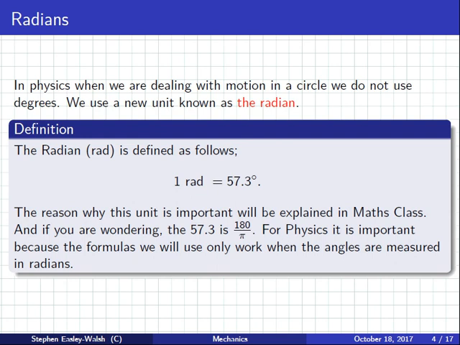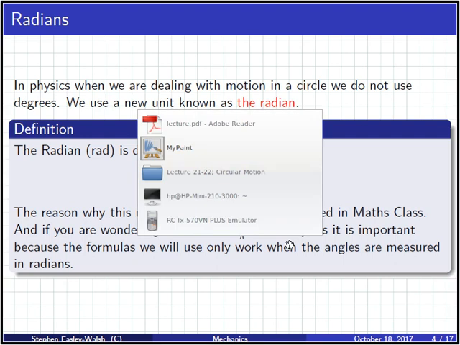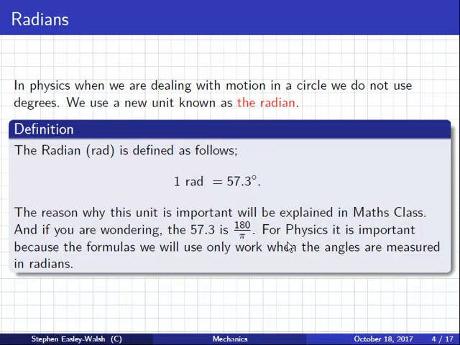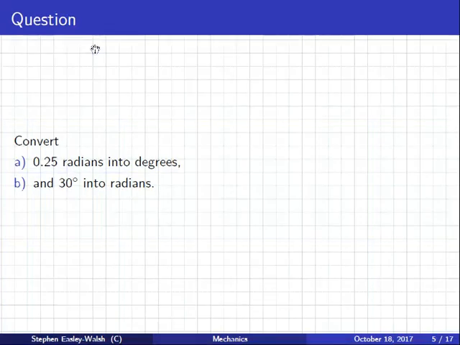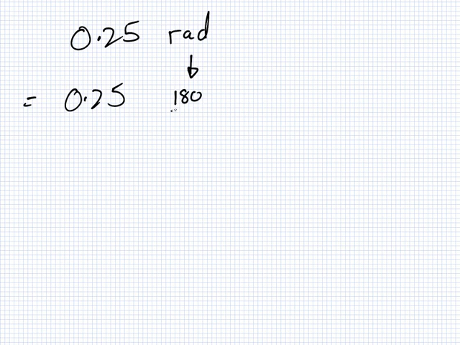Okay, let's have a look at an example. Next slide. Convert 0.25 radians into degrees. Well, how much is 1 radian? 1 radian is 180 over pi degrees.